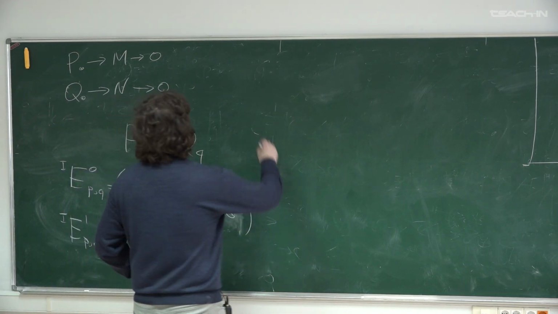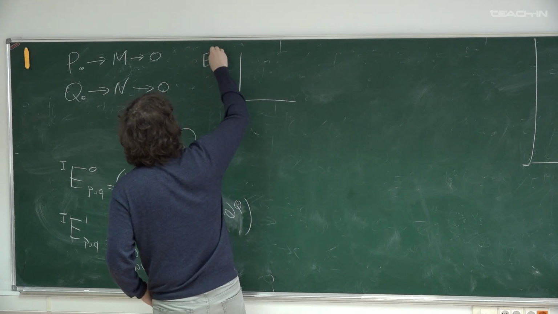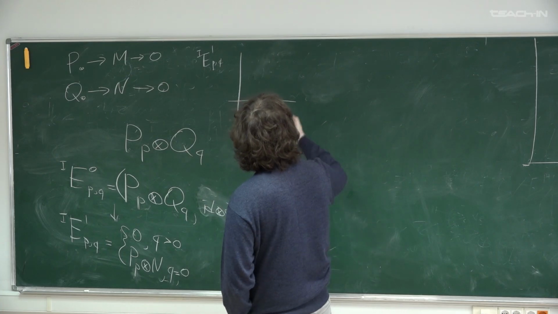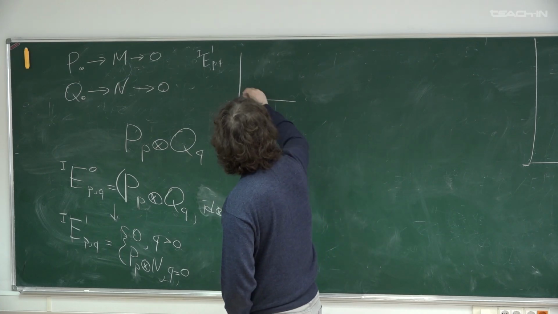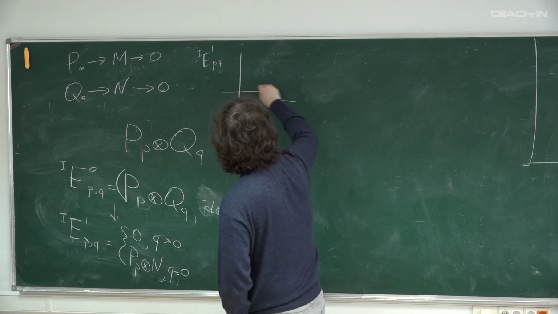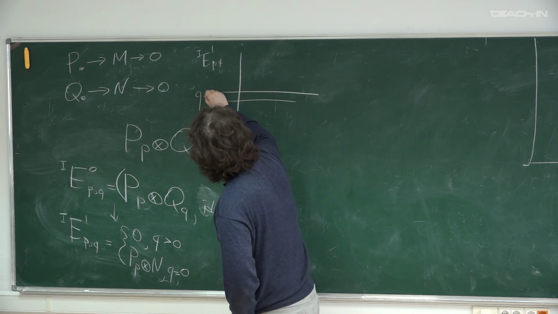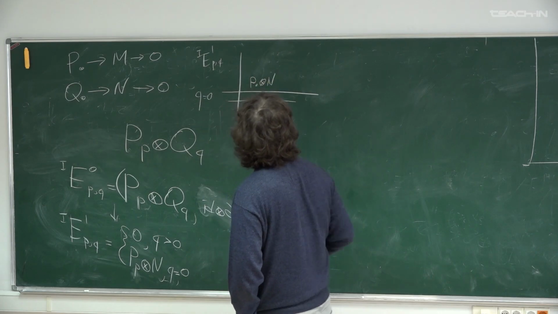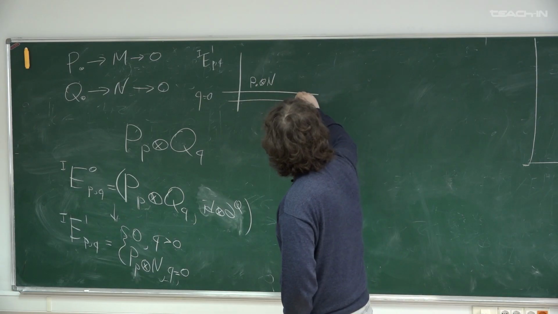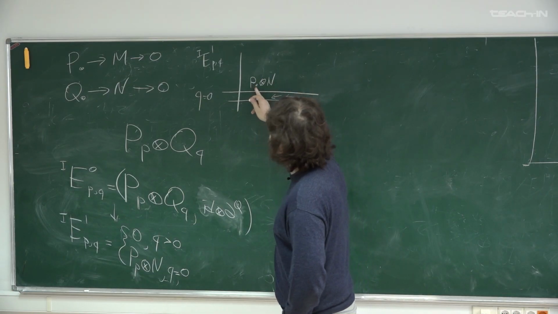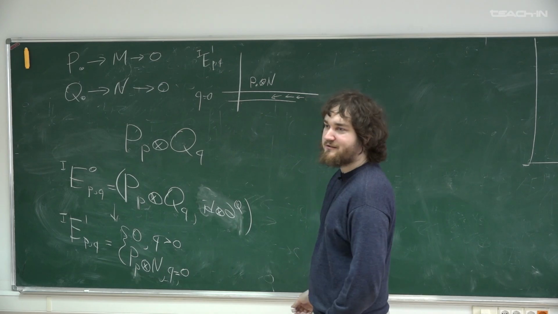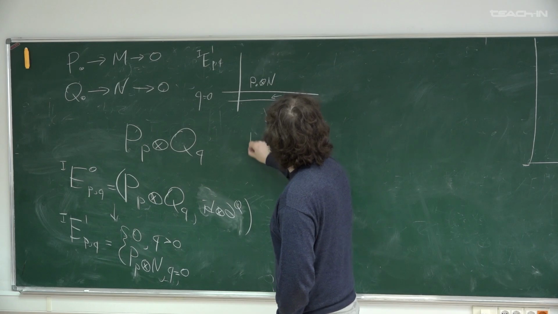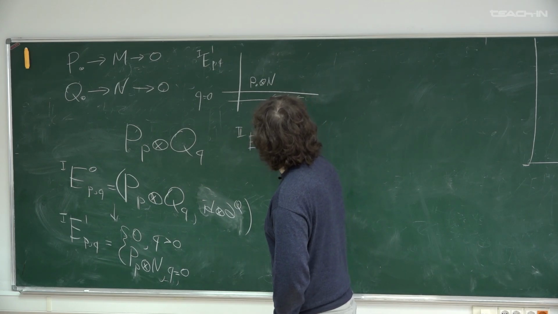So the first page of the first spectral sequence has only q equal to 0, so it's only one row. In this row, I have the resolution tensored with N, and the differential is just the differential in P. If I compute its homologies, what is the second page?